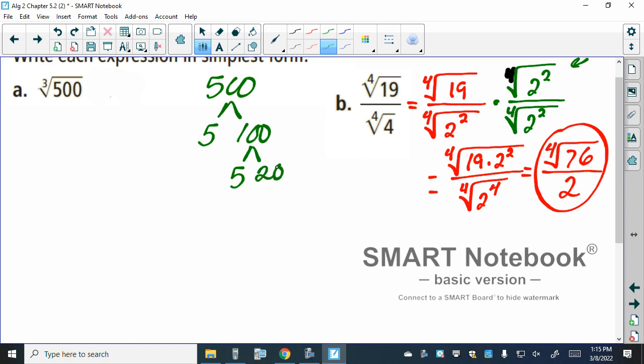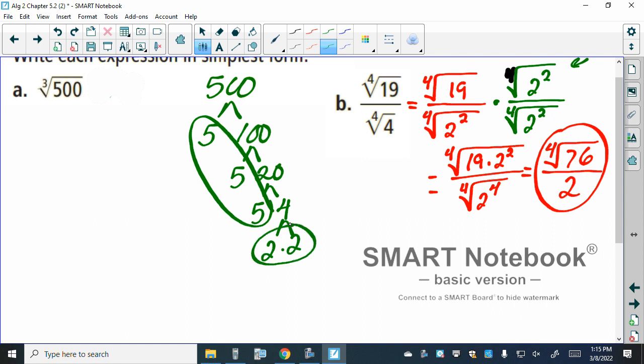It'll be 5 and 20, and 20 is 5 and 4. So we have 3 5s and 2 2's. So really we're saying the cubed root of 500 is the same as the cubed root of 5 cubed.